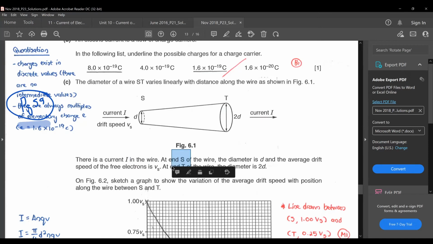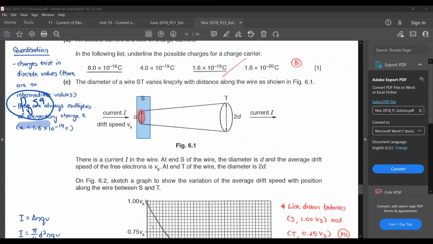At S of the wire, the diameter is D and the average drift speed is Vs. At T of the wire, your diameter is twice. Now, sketch a graph to show the variation of the average drift speed with position along the wire between S and T.